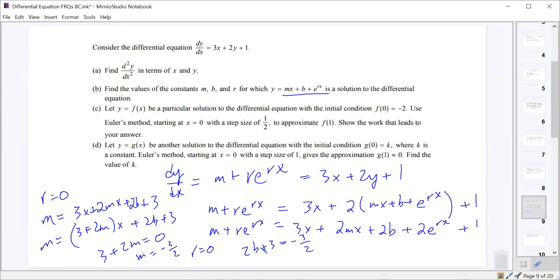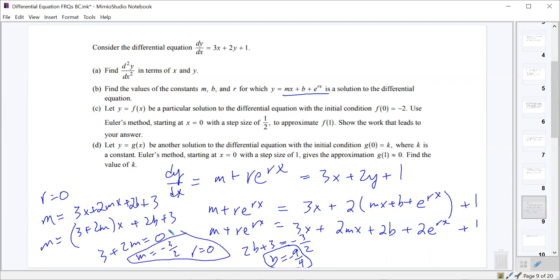And if we subtract 3 from that, that's going to give us -9/2, so b equals -9/4. So that's one possibility.